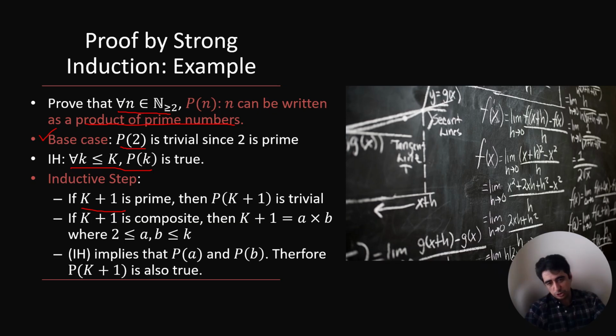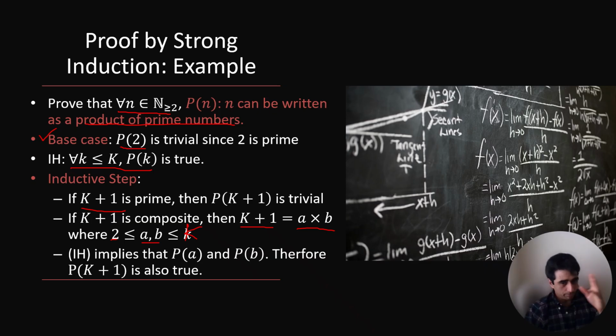But because of the definition of composite numbers, you know that K plus 1 can be written as a product of two numbers A and B, where both A and B are between 2 and capital K. What does that mean? If K plus 1 is composite, then it is divisible by a number other than 1 and itself. The reason is, if it's composite, then it's not prime.